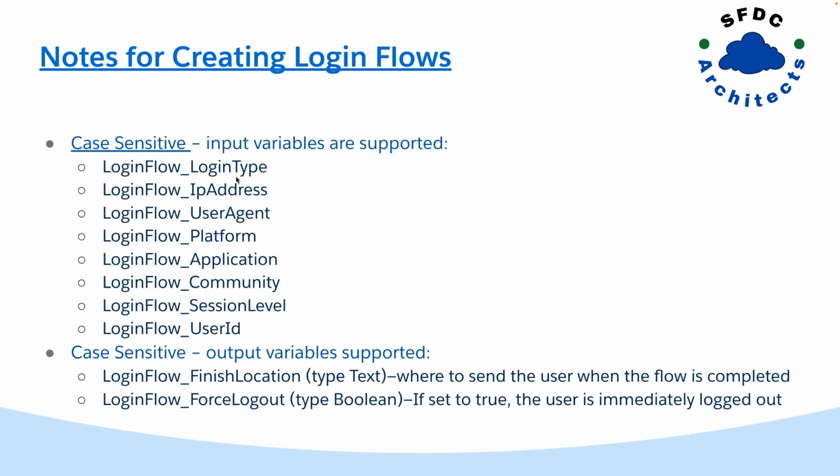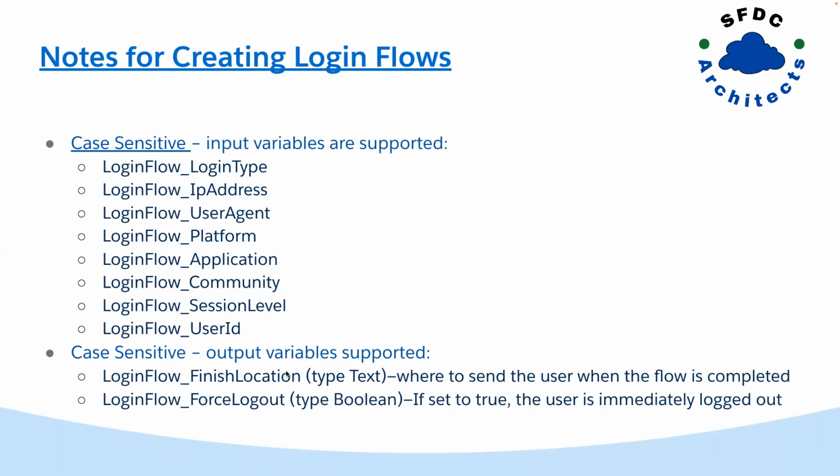Those are the ones that are available for input, so you can do different things with them. The one that you'll probably lean on the most is the user ID, because once you have the user ID, you can go query for the user and get any additional information on that user record that you need. Also, if you need to provide information after the flow is completed, one of them is finish location. This is going to be the link that you want to send the user to. If you don't provide one, it just goes to the default homepage.